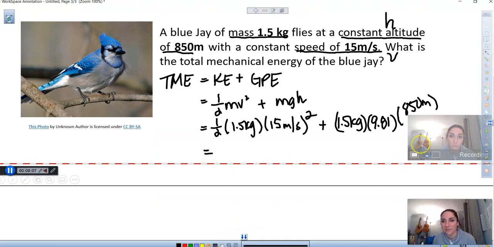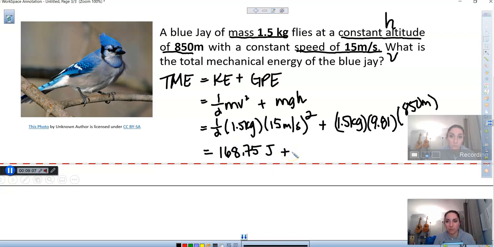Okay, so of course you could do this however you want. I'm going to do it in parts. 1/2 times 1.5 times 15 squared gives me 168.75 joules of kinetic energy.